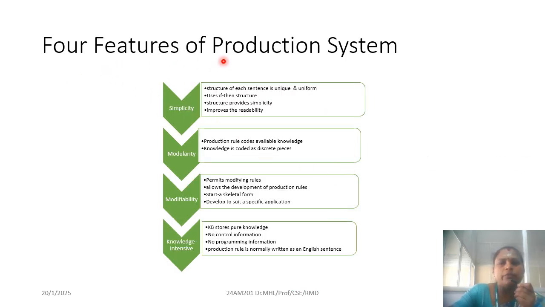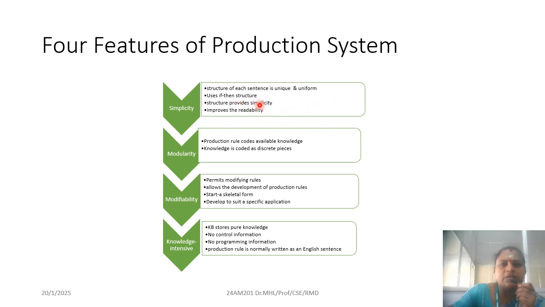Looking into the 4 features of a production system, you can list them as simplicity, modularity, modifiability and knowledge intensity. Simplicity: the structure of each sentence is going to be unique and uniform throughout. Why? Because we are using only if-then structures.